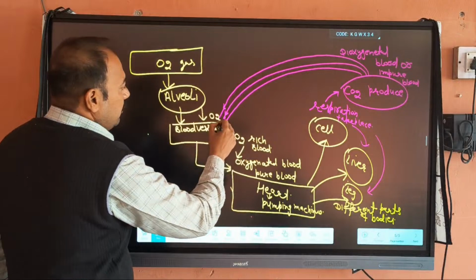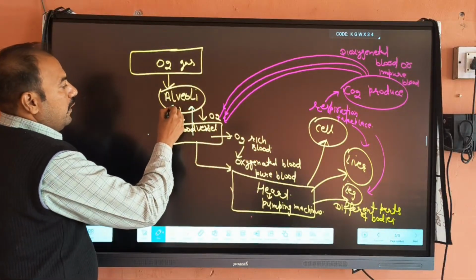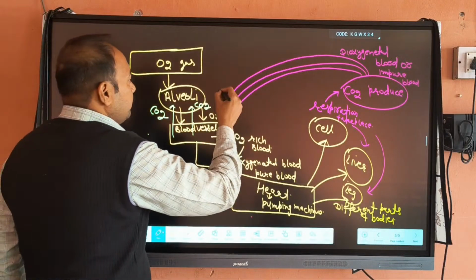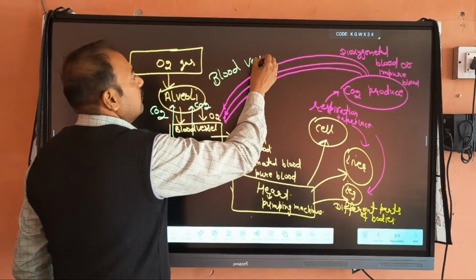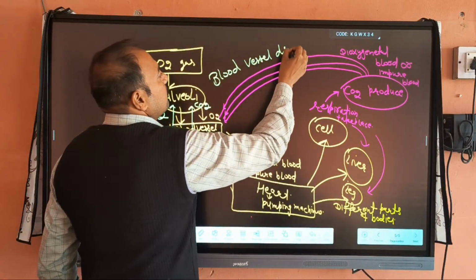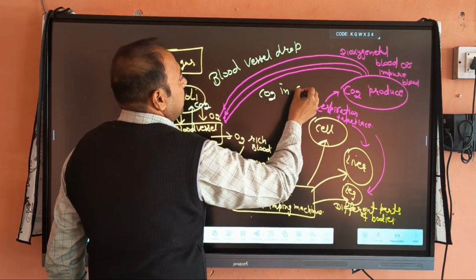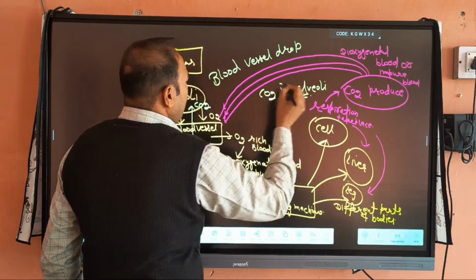This comes here again, and they drop CO2 here. So the blood vessels drop CO2 in the alveoli.